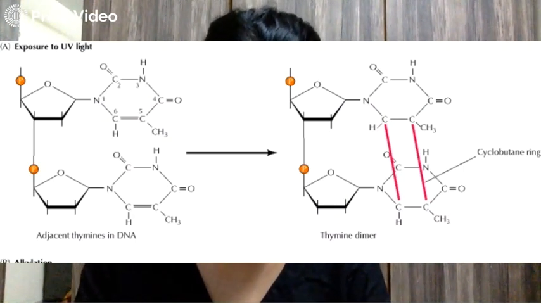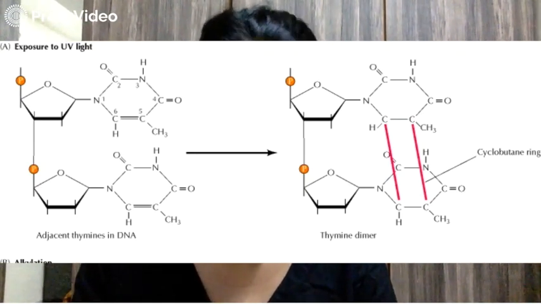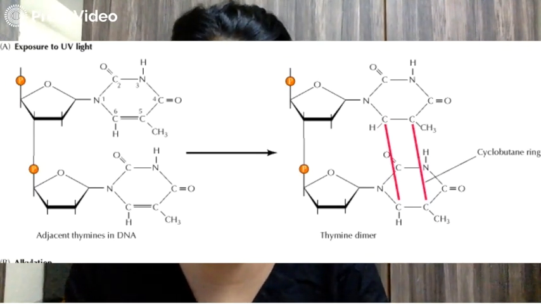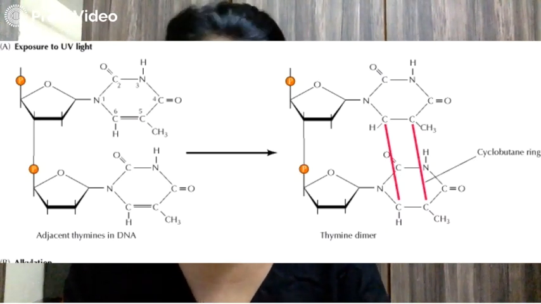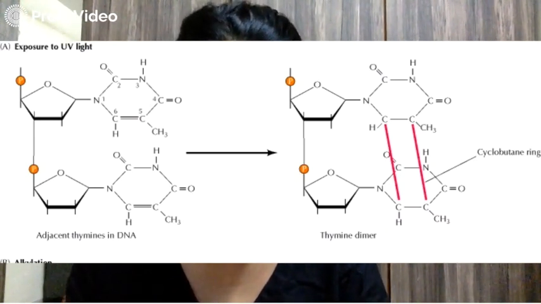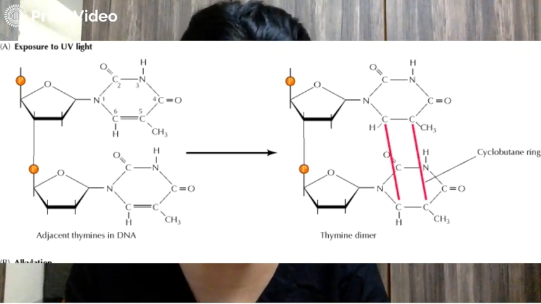Now you see that this is one thymine, this is the second thymine, and between the two thymines carbon to carbon linkages are formed, which leads to the formation of a cyclobutane ring. Butane refers to the fact that there are 4 carbons in the ring structure.